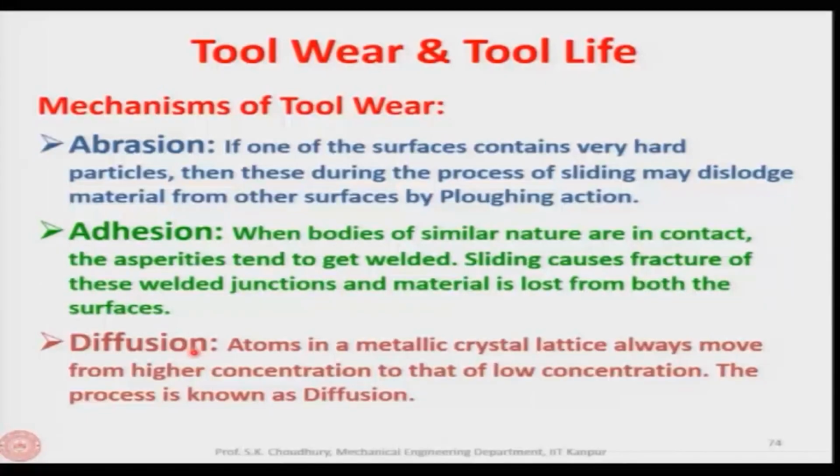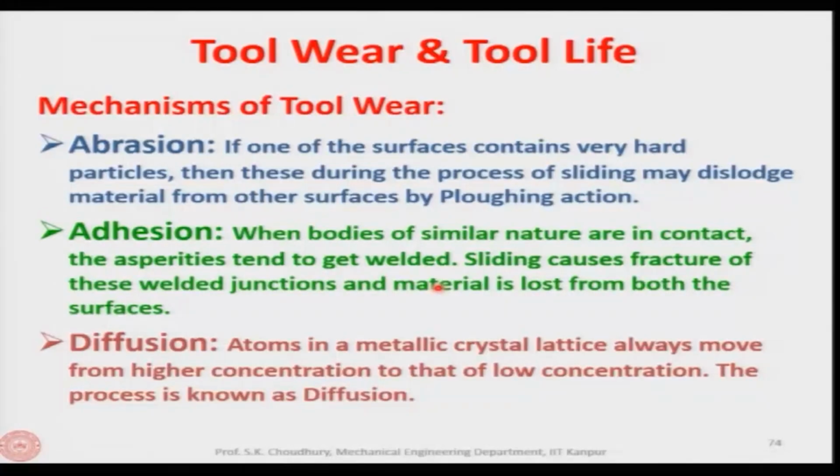The third mechanism is diffusion. Atoms in a metallic crystal lattice always move from higher concentration to lower concentration. The process is known as diffusion. Therefore, we can explain why tools wear out: the tool is a harder material and has a higher atomic density.